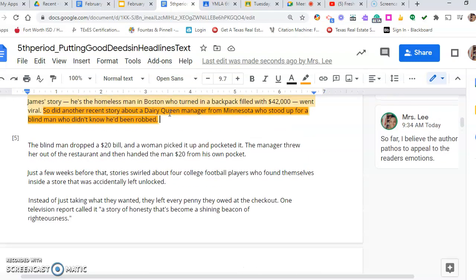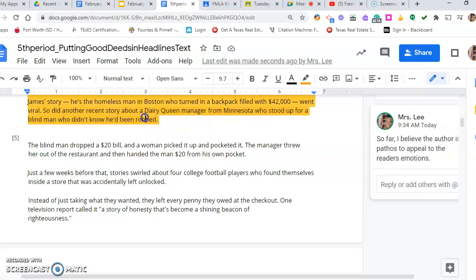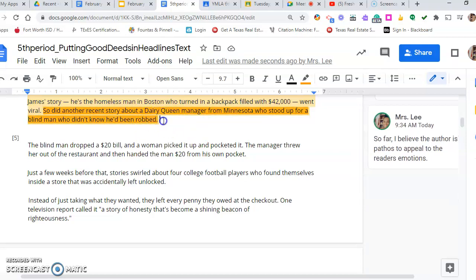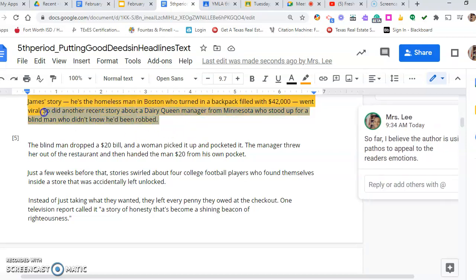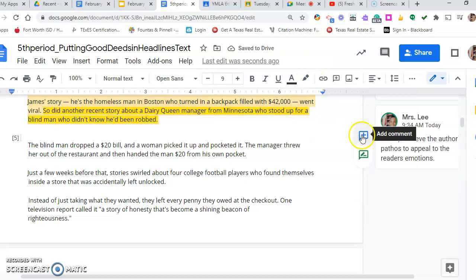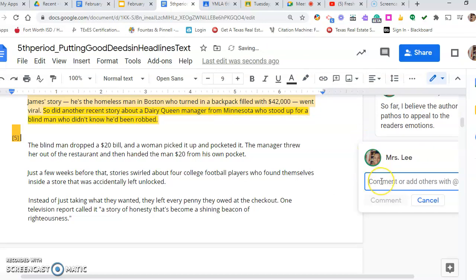I'm going to say the Dairy Queen manager from Minnesota, this is also important. It gives more details. Make sure this is highlighted in yellow. Then I'm going to add a comment.